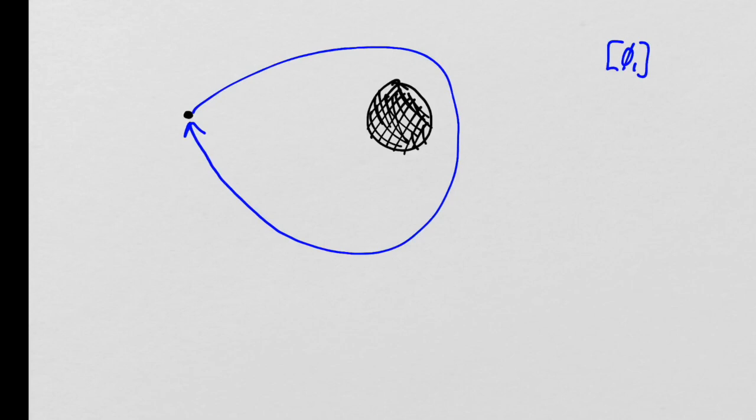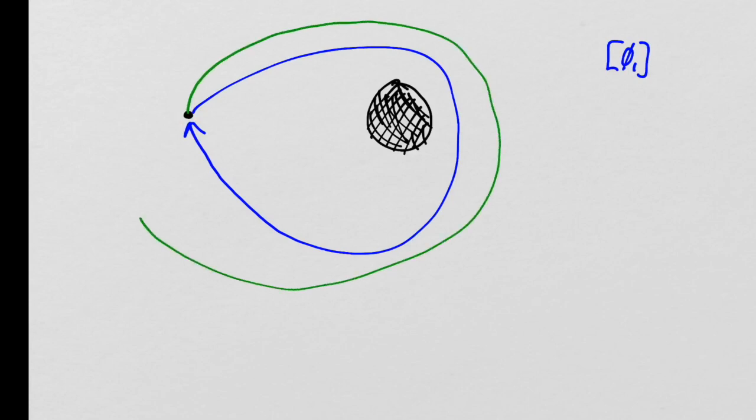But now we can concatenate it with a green curve. The blue curve has left P, gone all the way around and come back. Now the next thing it does is it joins with a green curve that does the same thing, and it comes back.